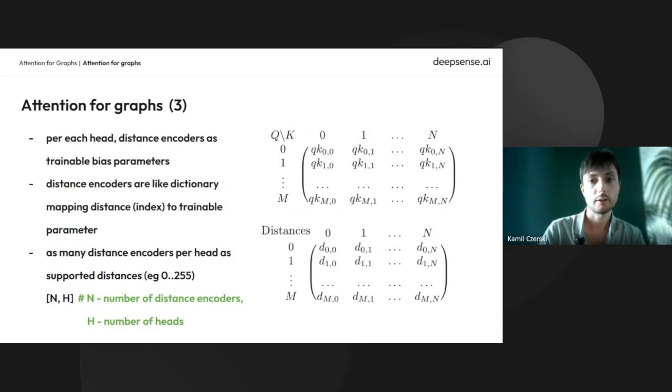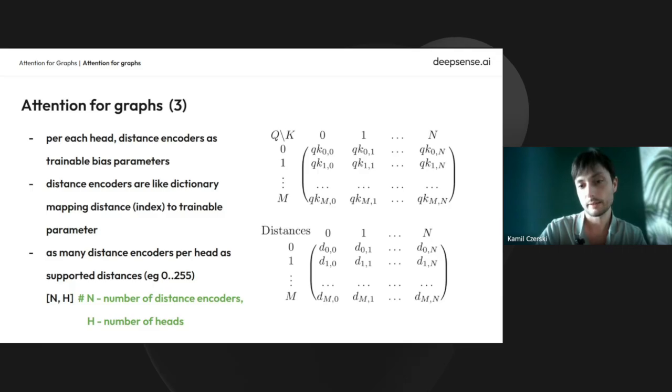Before I go into that detail, let's check some facts. You have as many distances as you have keys and queries, because keys and queries code the nodes of the graph. Each node has a corresponding distance to some other node, so this matrix has the same size. The idea here is to add trainable biases, trainable parameters. We call them distance encoders, and we add them separately per each head.